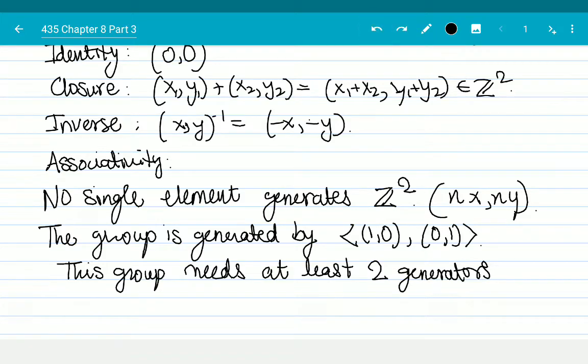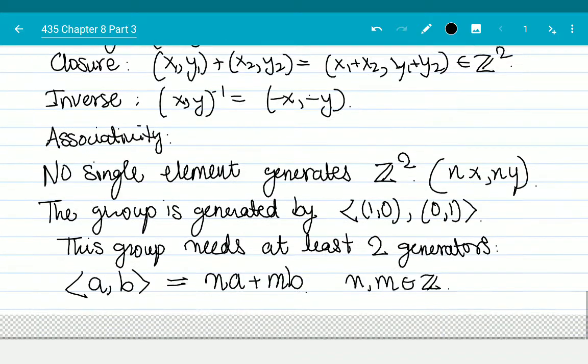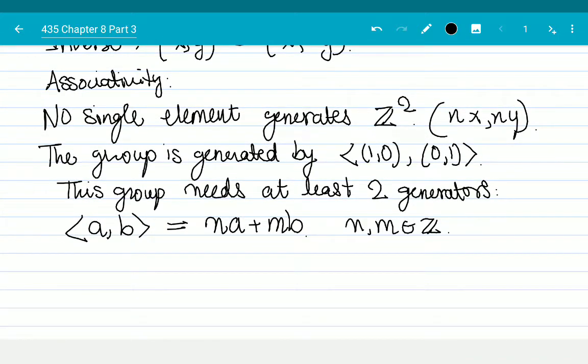So when I say <a, b>, this is equal to na plus mb. Okay? n, m belong to Z. So I'm writing additively, or a to the n, b to the m if I was writing multiplicatively. So it's everything of this form.